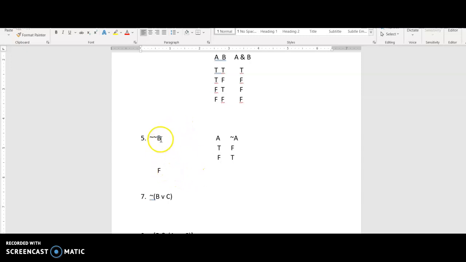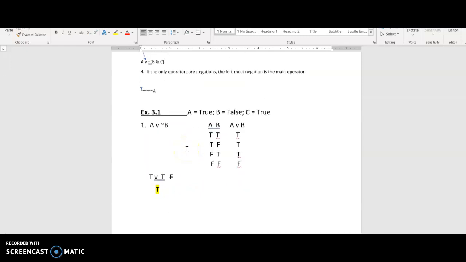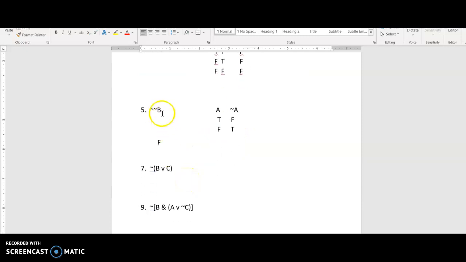All right, so B, we are told again up top here, B is false. So if we put an F under the B, we know then this negation is going to give us a value of true, because that's what negation does.